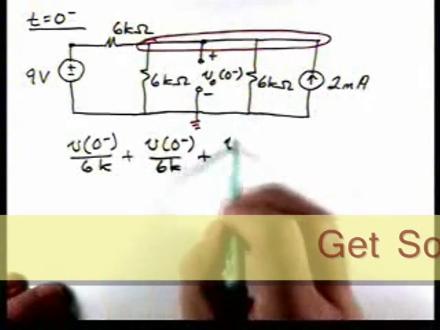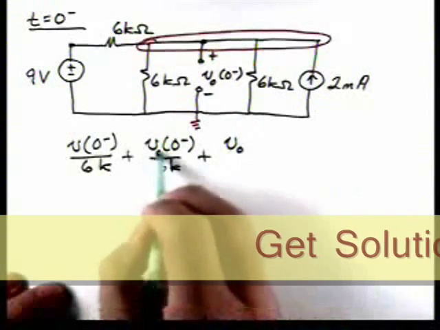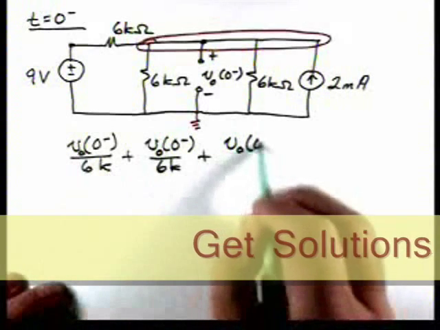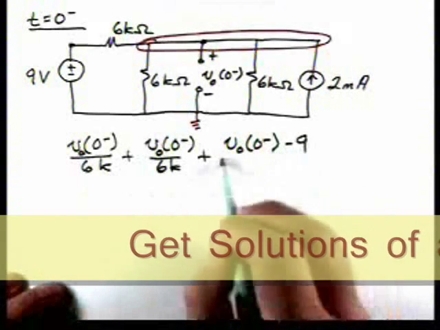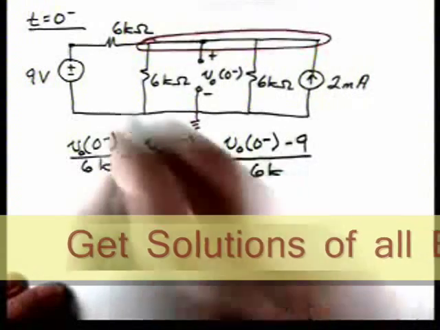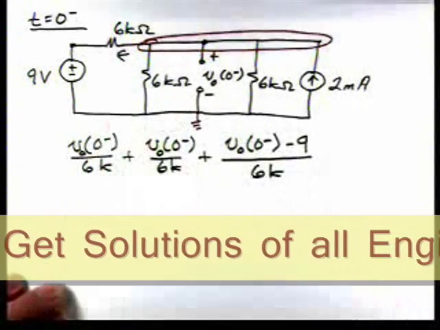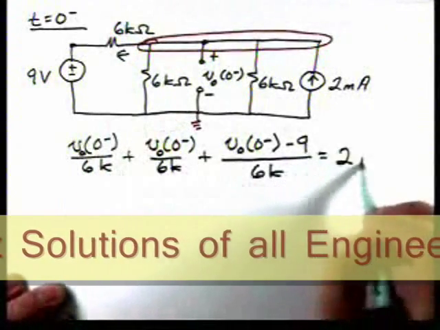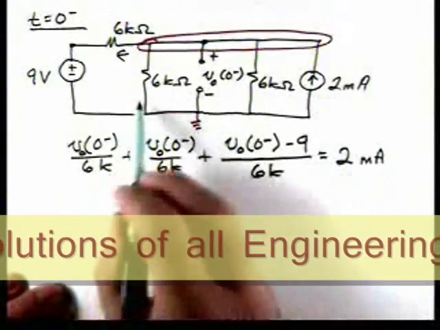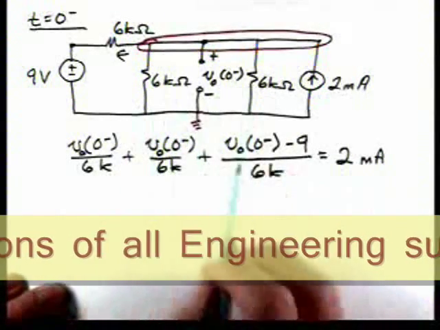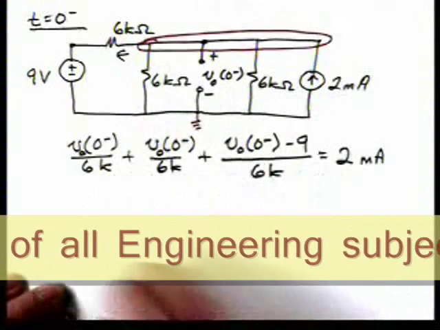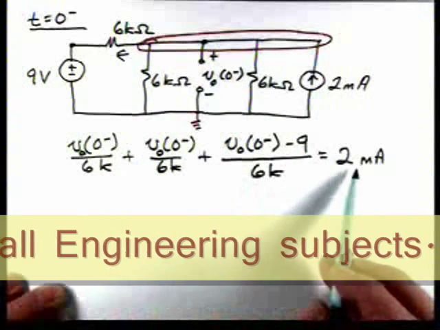Then V0 of 0 minus 9 over 6K would be the current in this direction, and that's equal to 2 milliamps. So this current's leaving, this current's leaving, this current's leaving. So we have the sum of the currents leaving equal to the sum of the currents entering.